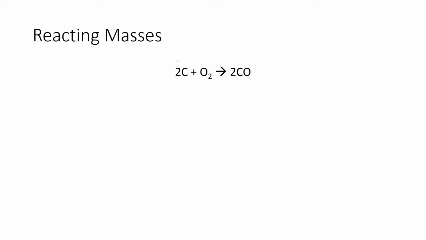Basically, these are equations that involve reactants on one side, substances that will react to form new substances, which are known as products. So in this equation, you can see that in front of the formula of each substance, like carbon over here, you have this number 2. In front of carbon monoxide, you have this 2 as well.